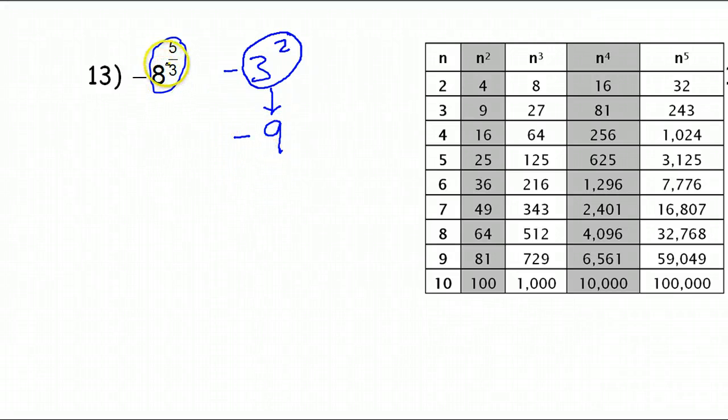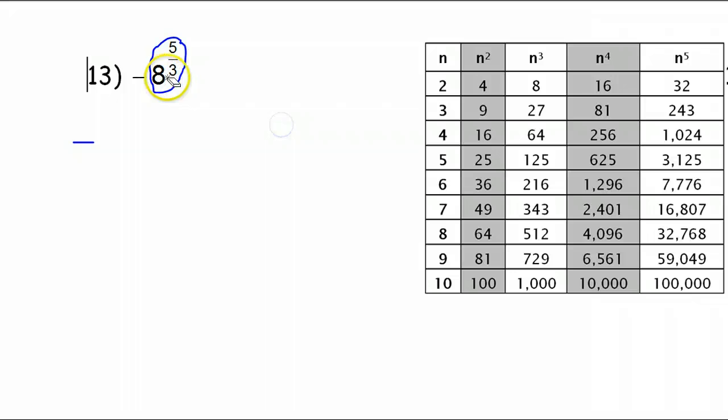It's the same thing here. This negative sign is going to sit there way out front. In fact, I'm purposefully drawing it far to the left. And so I'm going to evaluate this part separately, and then whatever I get, I will just stick the negative sign on it. Best thing to do is to rewrite this in radical form.